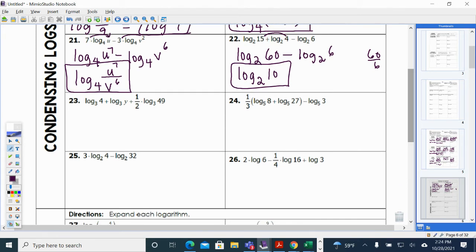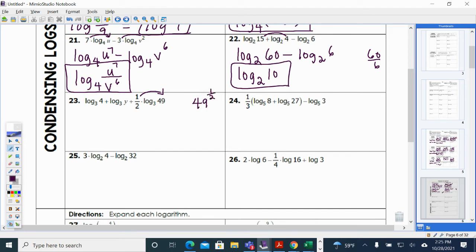Number 23, log base 3 of 4 plus log base 3 of y plus 1/2 times log base 3 of 49. So with this one, there is a kind of an order of things that you need to do. I would move my 1/2 first. So you have 49 to the 1/2 power. I need you to think. 49 to the 1/2 power.